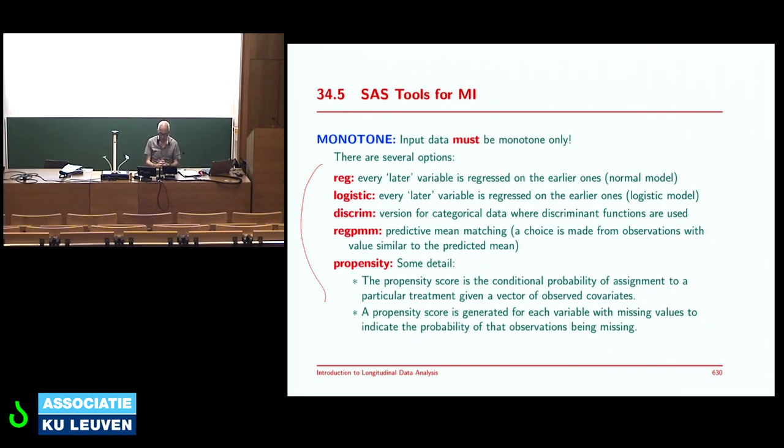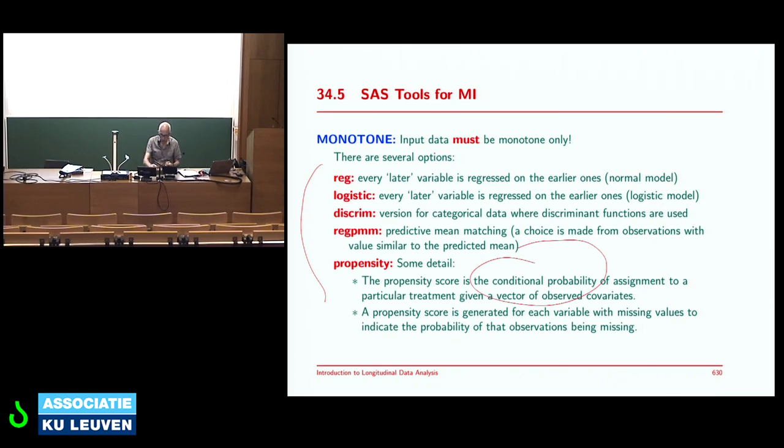Propensity, that actually is similar, but you work with the conditional probability of assignment to a particular treatment group given a vector of observed covariates. So a propensity score is generated, as we see here, for each variable with missing values. So you basically build, like in weighted generalized estimating equations, the probability for an observation to be missing.